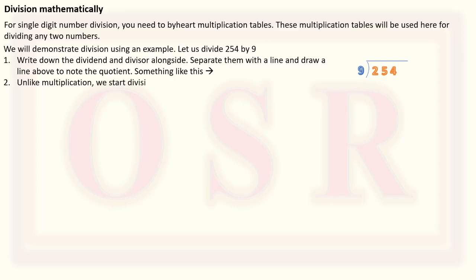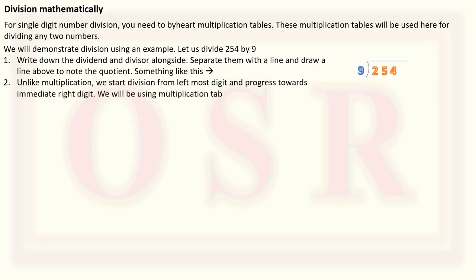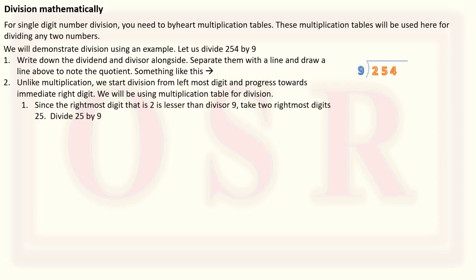Unlike multiplication, we start division from the leftmost digit and progress towards the immediate right digits. We will be using multiplication tables for division. First, since the leftmost digit, that is 2, is less than divisor 9, take two leftmost digits, that is 25.